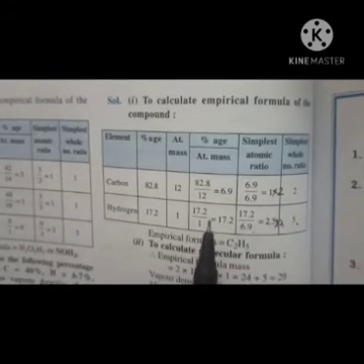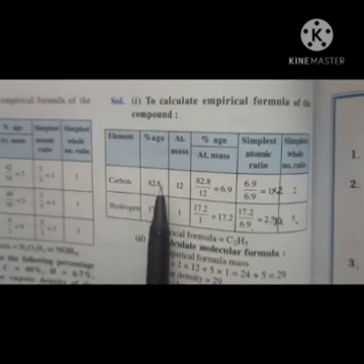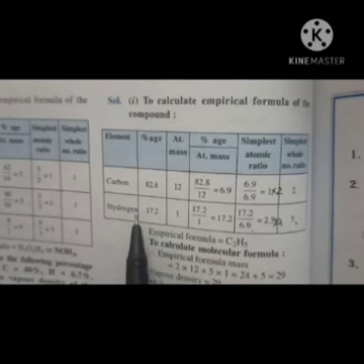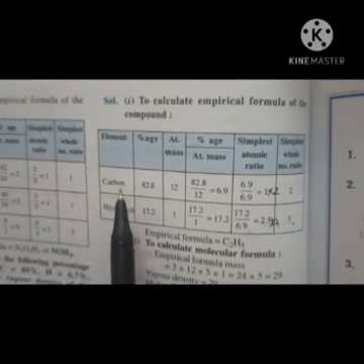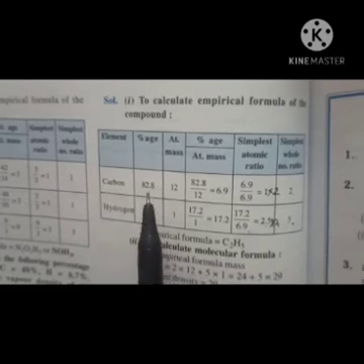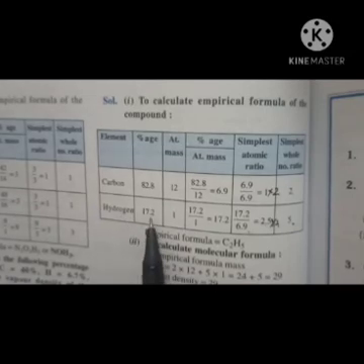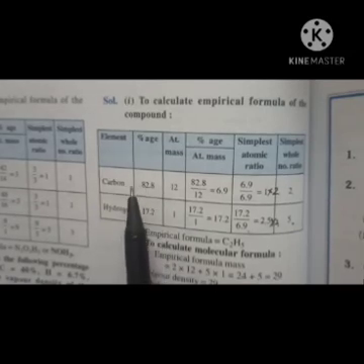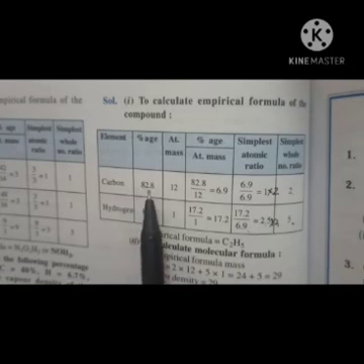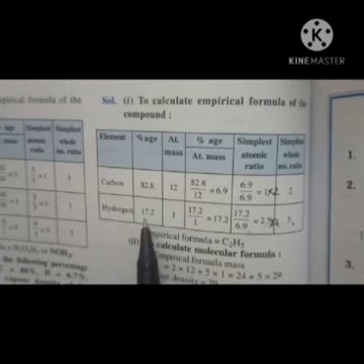One more thing, in some questions the carbon percentage is given but the hydrogen percentage is not given. So how do you find the hydrogen percentage? If only carbon and hydrogen are in that compound, and the carbon percentage is given, you just subtract the carbon percentage from 100. 100 minus 82.8, you get 17.2.